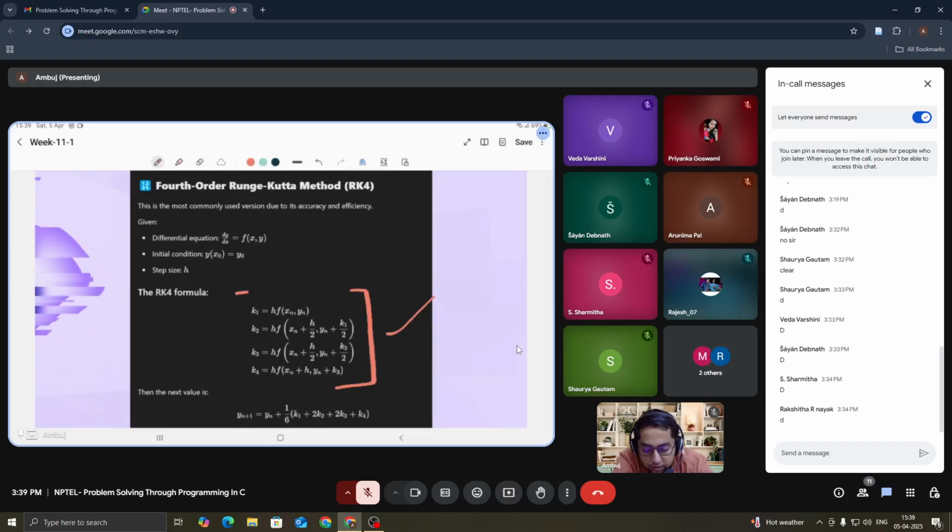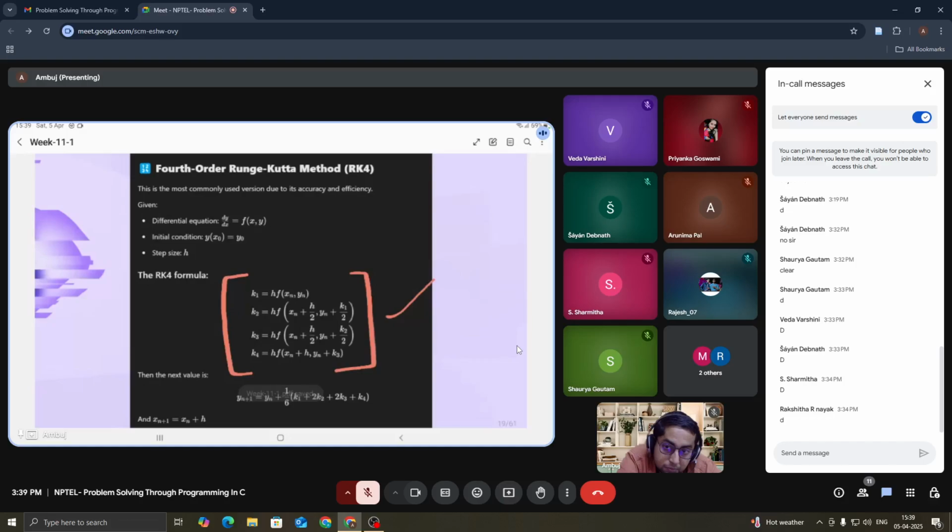Try to see these four different coefficients. When you are finding them, everything has been given to you: y naught, x naught, and h. You just have to find these four coefficients. After that, the next value we find is yn plus 1, the value of y at the x where you were required to find it.